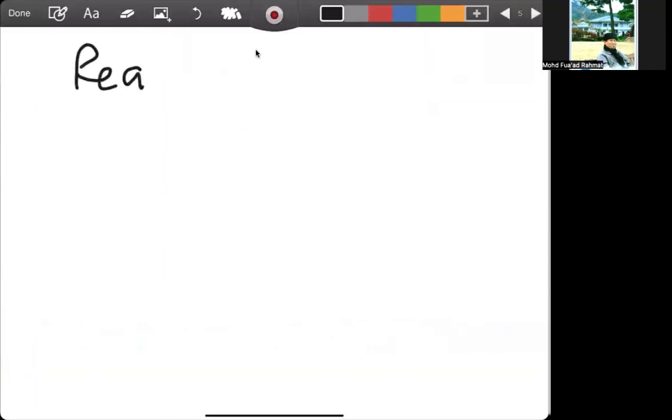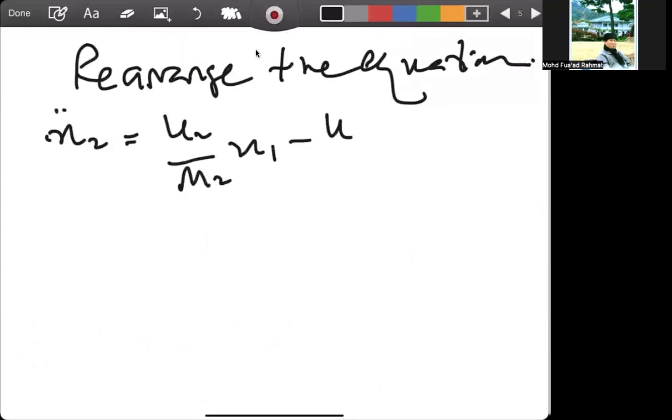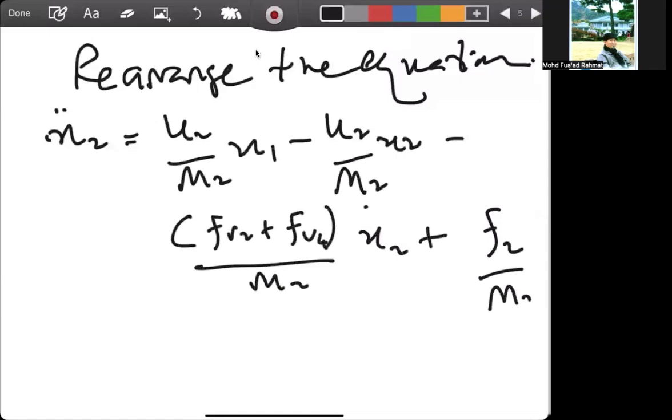You rearrange the equation to get x2 double dot equal to K2 divided by M2 times x1, minus K2 divided by M2 times x2, minus FV2 plus FV4 divided by M2 times x2 dot, plus F2 divided by M2. From here, this is Z4 dot.